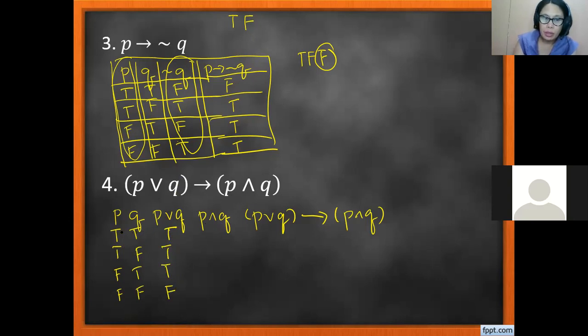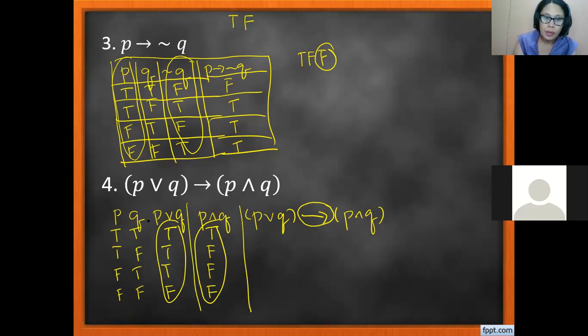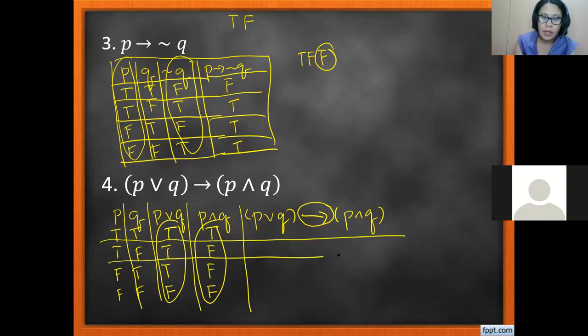For end naman, true, true lang. This one is true. Then the rest will be false. Kasi requirement again for end, both statements must be true. Okay, so we are now going to compare this and this using the implication if P then Q. So since we are using if P then Q, we will still locate the TF, this one.